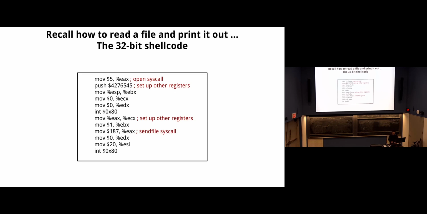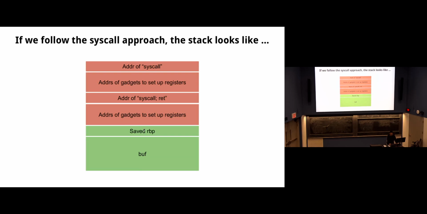So imagine, let's say, this is our shellcode, 64-bit shellcode. To open a file and read, we just do an open system call, then we just do a sendfile.